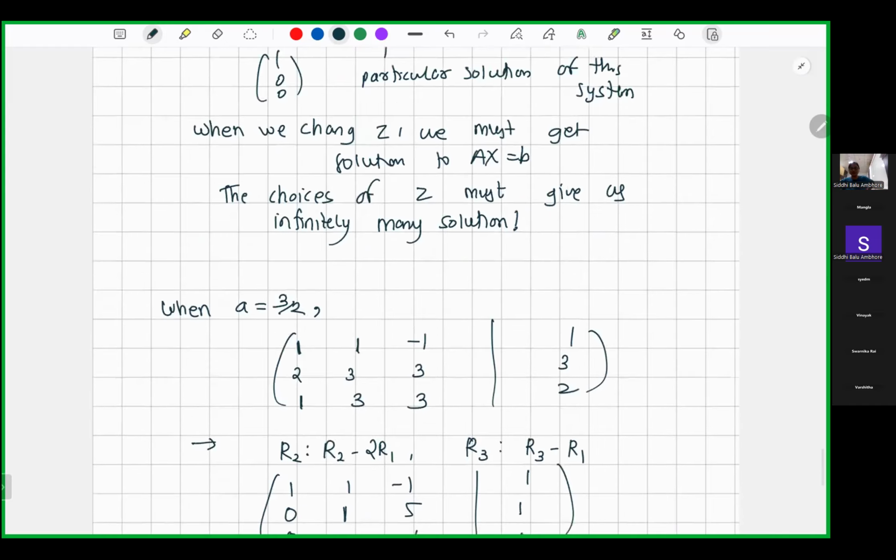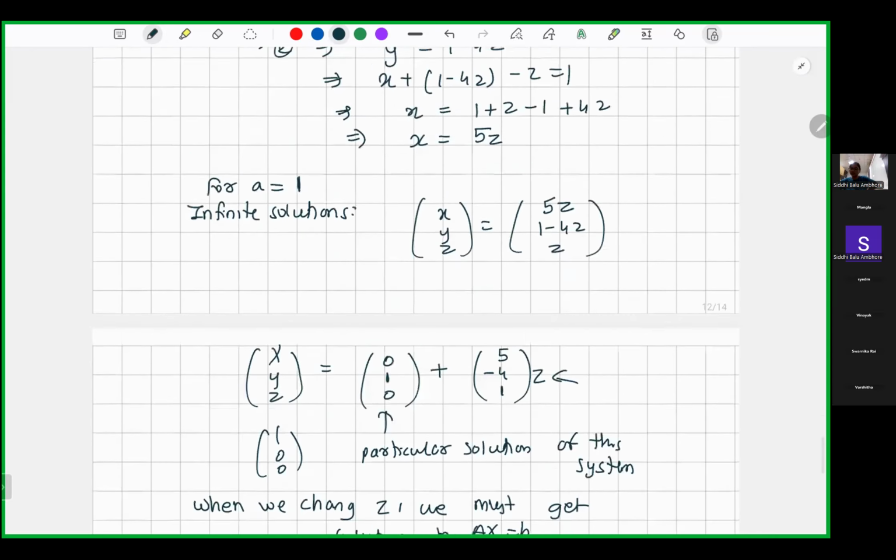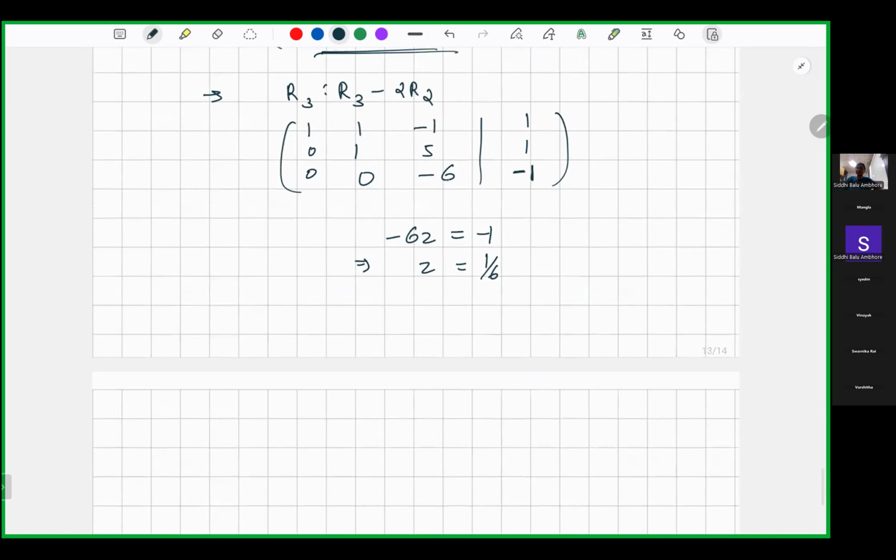It will be a unique solution, because z is equal to 1 by 6 is a fixed value, and the moment I have this, y will be fixed, because from here I have y plus 5z is equal to 1. So once I put the value for z here, y will be a unique value, and since these two are unique, x will be some fixed number. So this gives me a unique solution to this system of equations, but I did not want that.